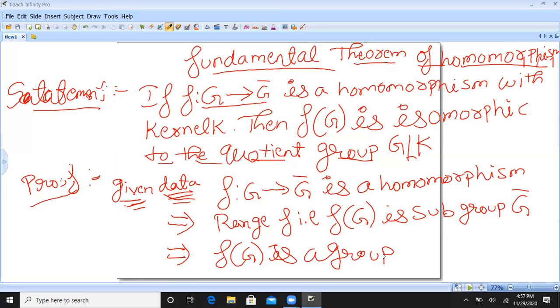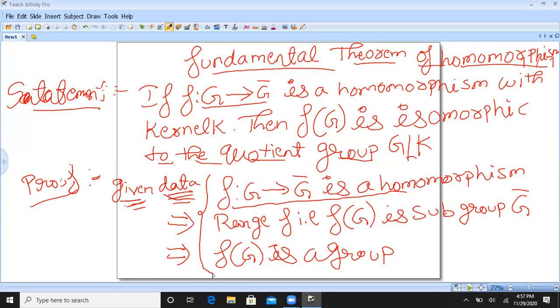Next, defining the mapping. In the given data, first f: G → G bar, where G is mapping into G bar, is a homomorphism. So the given data has three steps. The first step is f: G → G bar.